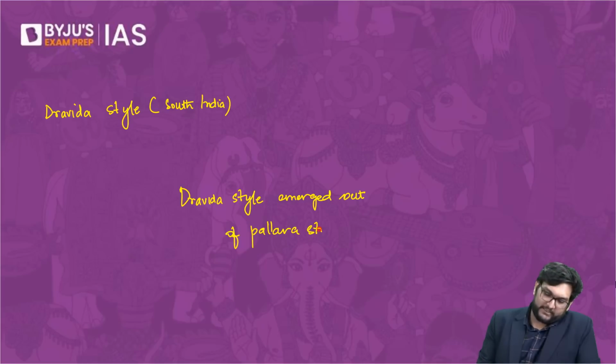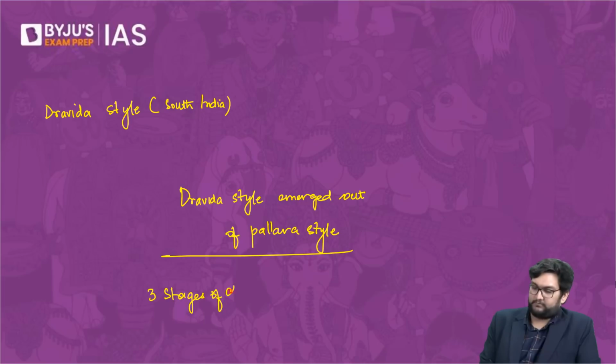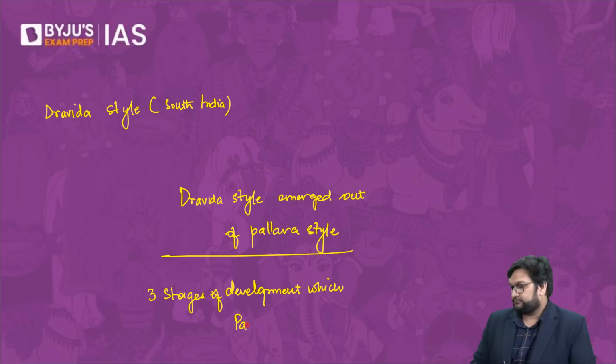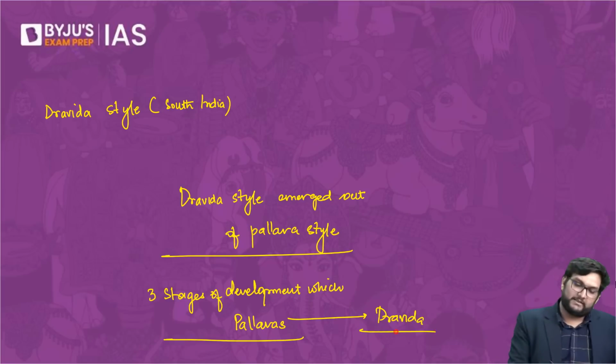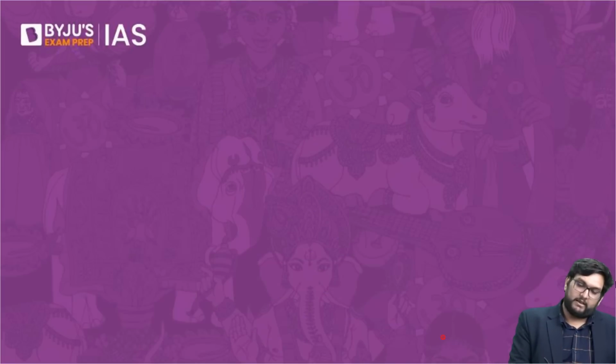And basically, there are three stages of development within Pallavas, which in turn becomes Dravida. Now, the first is Pallava style.